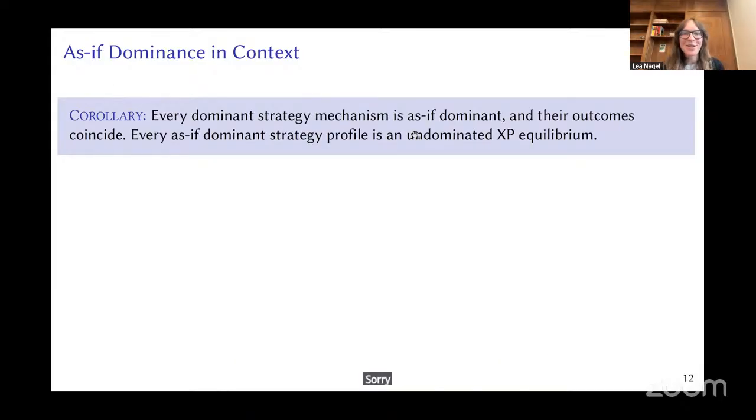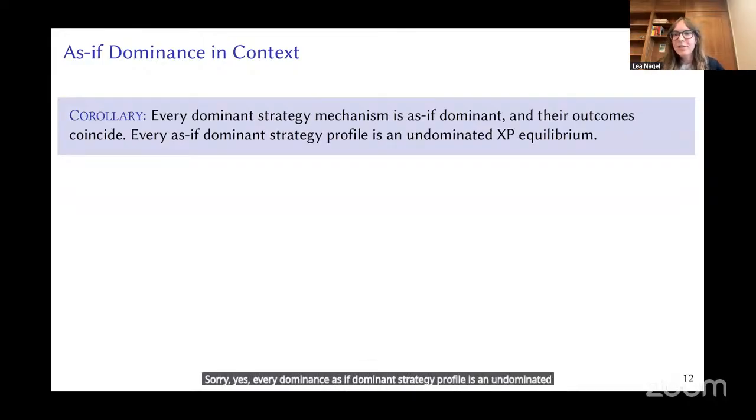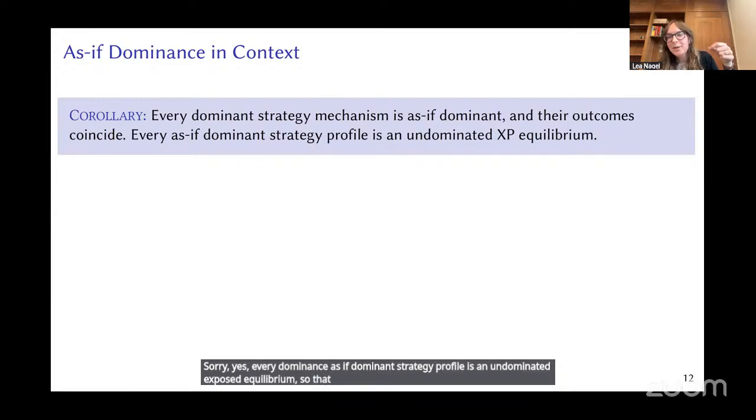That it's an exposed equilibrium follows from just the second condition in the definition. That it's undominated follows from the first theorem that I showed you, that coarsely optimal behaviors are undominated.